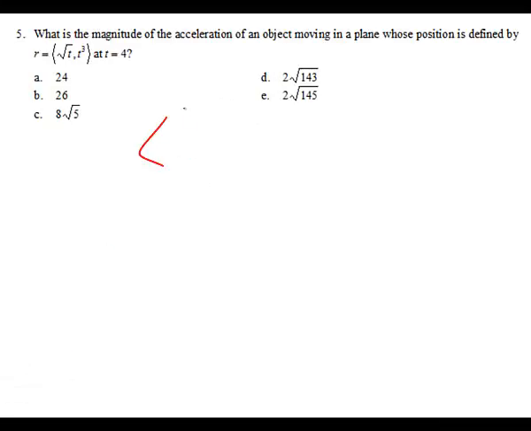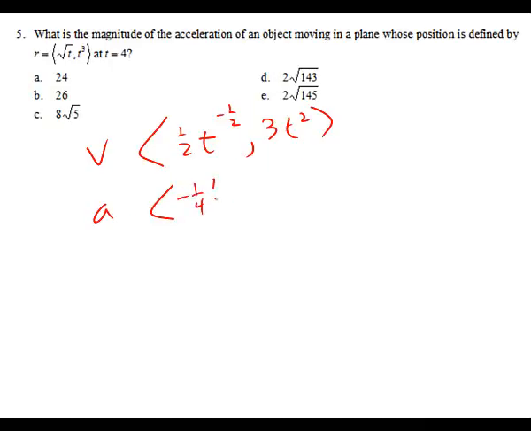All right, so we said we're at 1/2 t to the -1/2 and 3t squared, right? That's velocity. Acceleration, we get to what? -1/4 t to the -3/2 and then 6t. And then I need to find magnitude. So another way I could do this is, could I do my calculation within the vector and then put it into the magnitude?